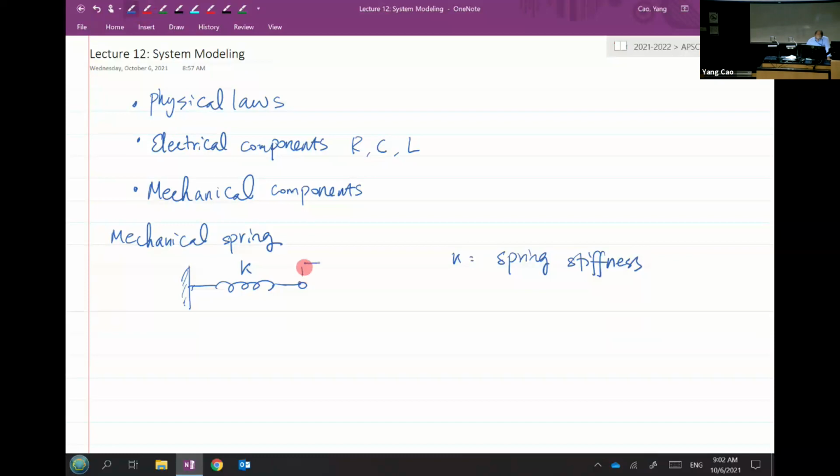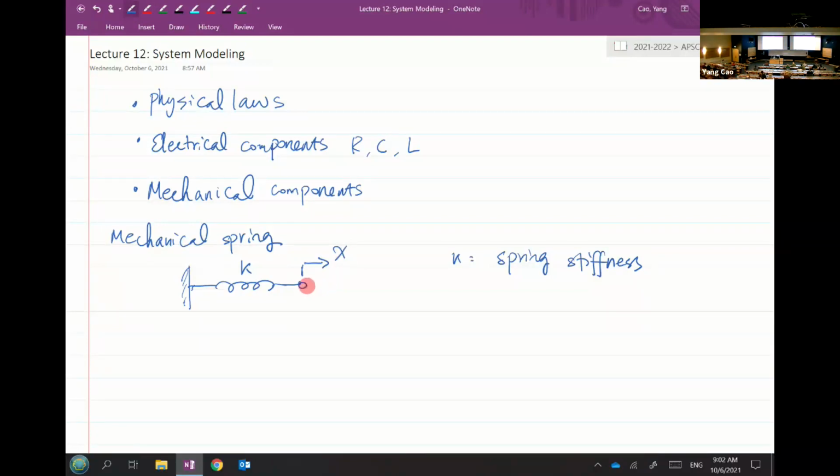To model this, we usually have two ends. Here, this x represents the displacement of the free end. We have specifically said the x here is called displacement or deflection, okay? But you have to be very clear, this is a quantity with respect to the equilibrium position or location.